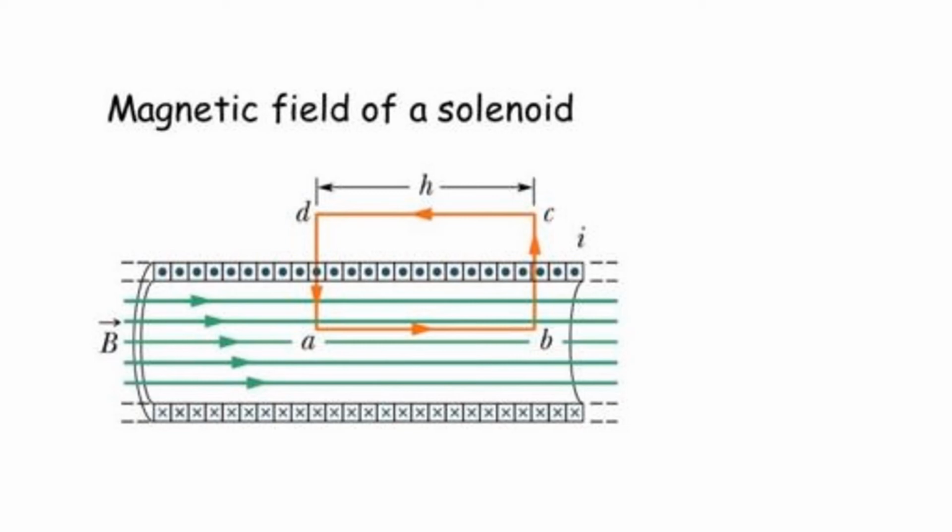The magnetic field is about the axis of the solenoid. To calculate the magnetic field, we have assumed a loop, that is, Ampere loop ABCD. And by using this, we will calculate the solenoid magnetic field.